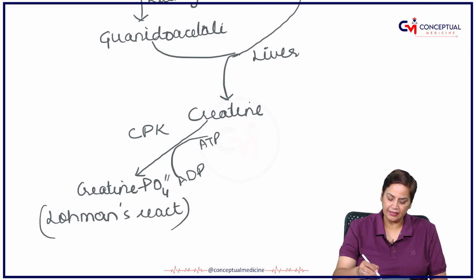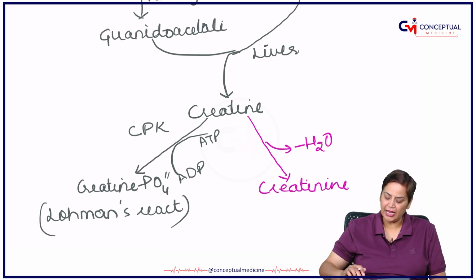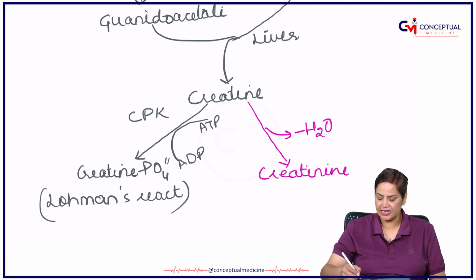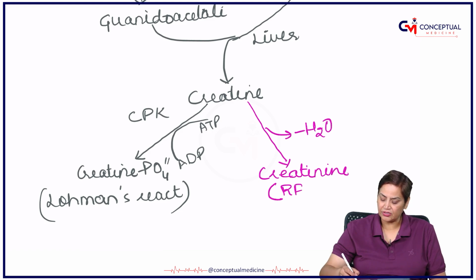On the other hand, this creatine loses a molecule of water and is converted into creatinine. And we all know that creatinine clearance test is a very important component of renal function tests.